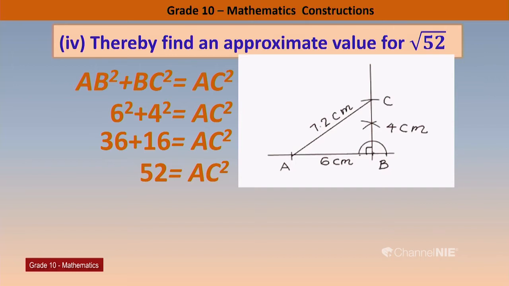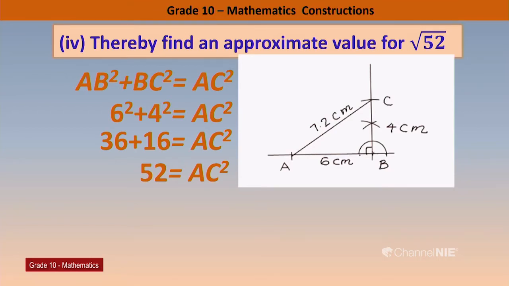36 plus 16. 6 squared is 36, 4 squared is 16. Take the sum of 36 and 16, it is 52. So, we found that AC squared equals 52. According to this triangle, we have applied Pythagorean's theorem. But we want to get the square root of 52.